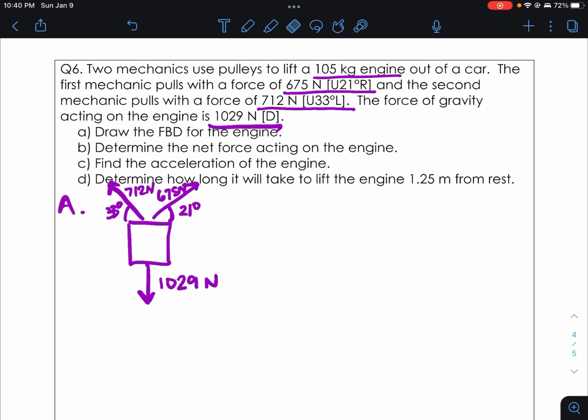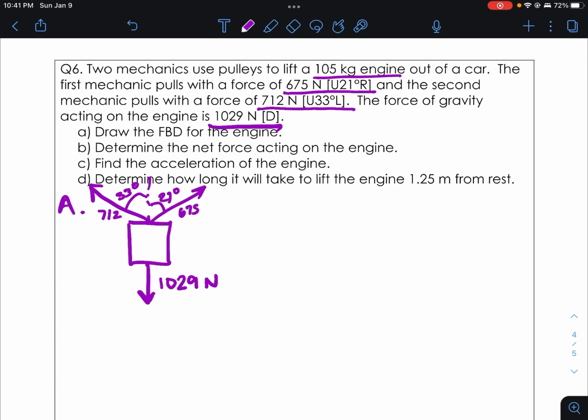I drew them backwards. So this is 21 degrees, and this is 33 degrees. Because it's 21 degrees right from up, and 33 degrees left from up. So this is 675. And this is 712. So that's letter A.